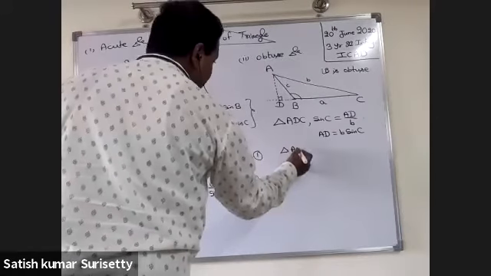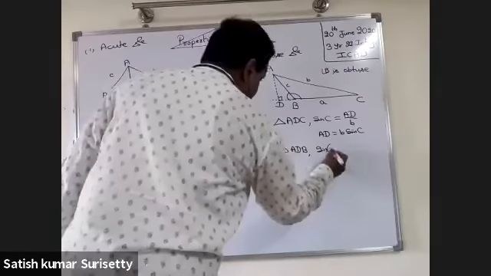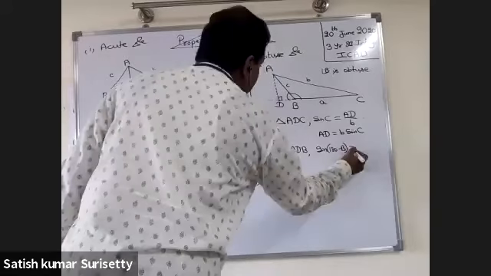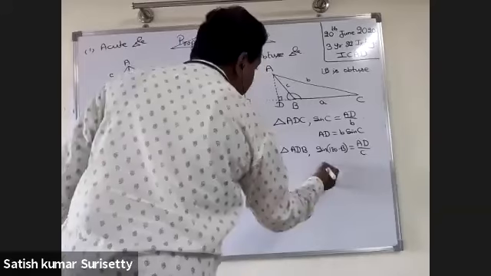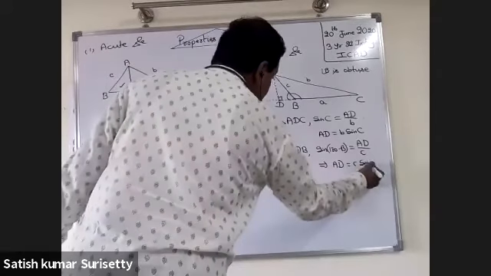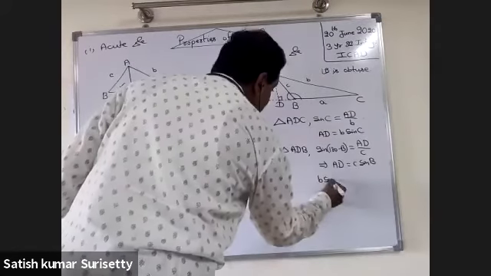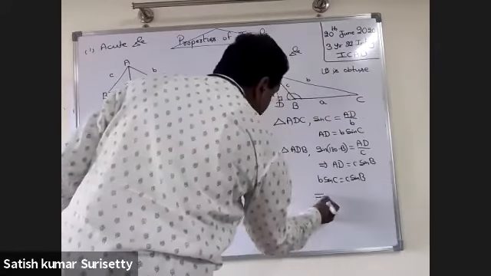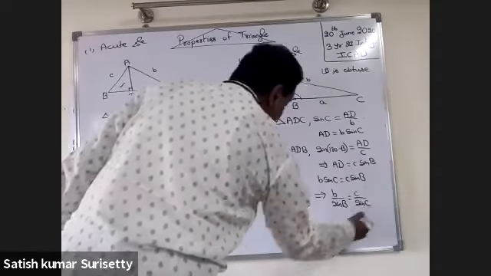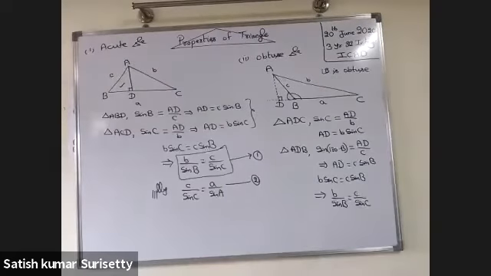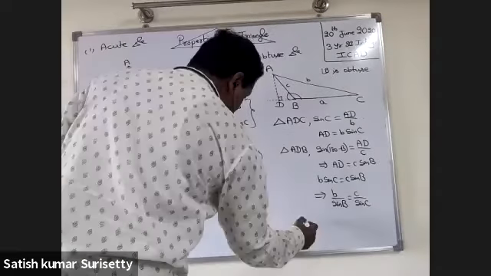Triangle ADB, sine of inside angle is what? 180 minus B equal to AD upon c, which implies AD equal to c sin B. Eliminate AD. b sin C equal to c sin B, which implies b by sin B equal to c by sin C. Now again, you can draw perpendicular either from B or from C, and again you can prove that other two ratios are equal.